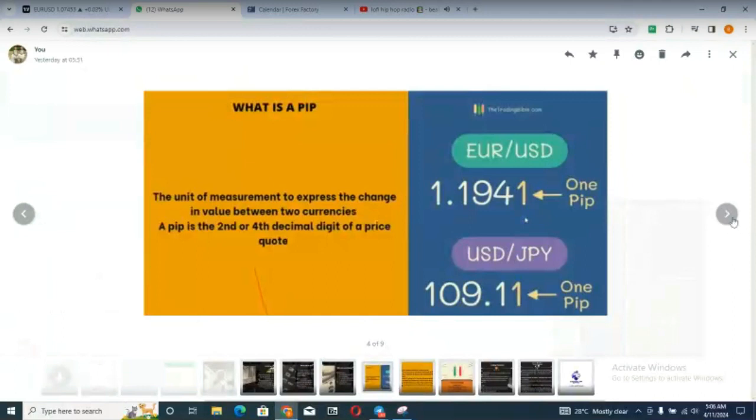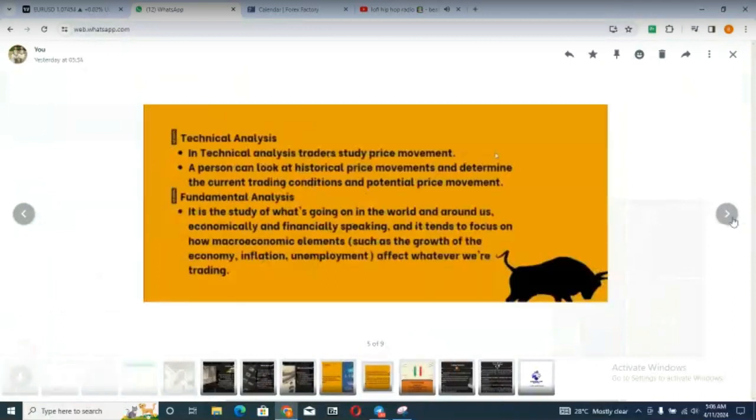So let's move forward. Now we have the two types of analysis. We have the technical analysis, we have the fundamental analysis. We also have the sentiment analysis, but we'll not be going into that today. In technical analysis, traders study price movement.